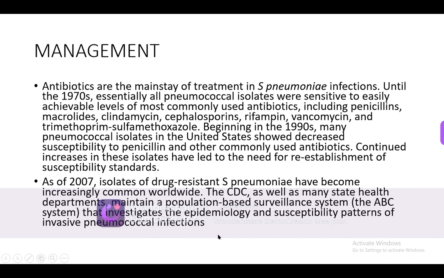Or you can give the quinolones, fluoroquinolones, and nowadays at least there are the macrolides, the third generation again. Azithromycin is the drug which has caused an evolution in the management of this problem.